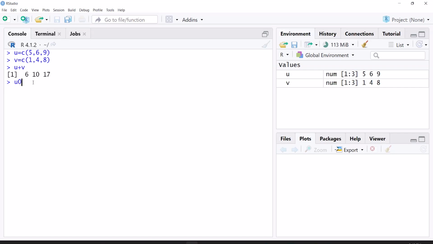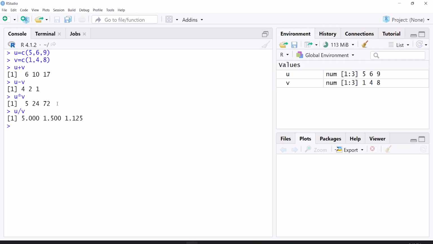Now u minus v. It will also subtract in the same way, element-wise. Now u multiplied by v and u divided by v. Now let's also use the power operator here. If I write u power v, what happens? Press enter.